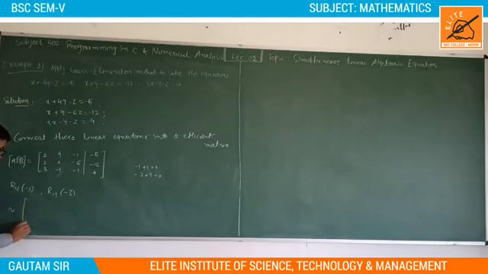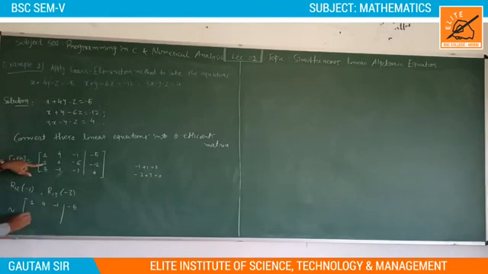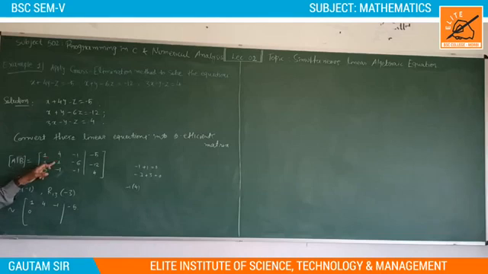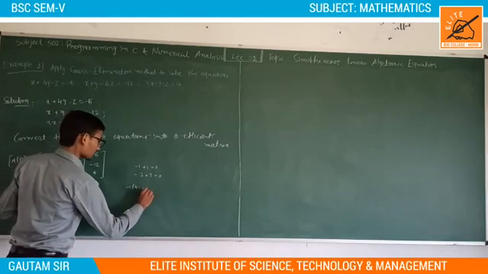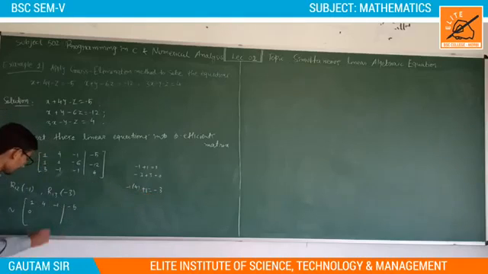The new matrix has the first row as it is: 1, 4, minus 1, minus 5. That term in the second row is 0. What is changed? Multiply the first row by minus 1, so minus 1 into 4 is minus 4, plus 1 is minus 3.